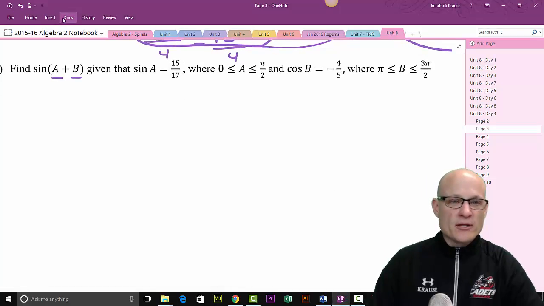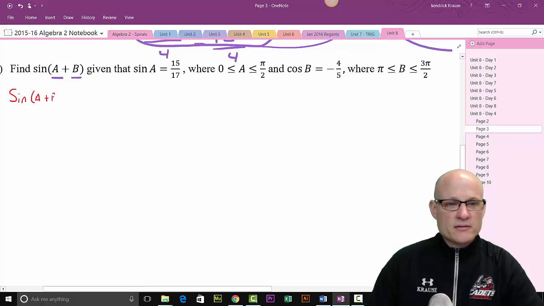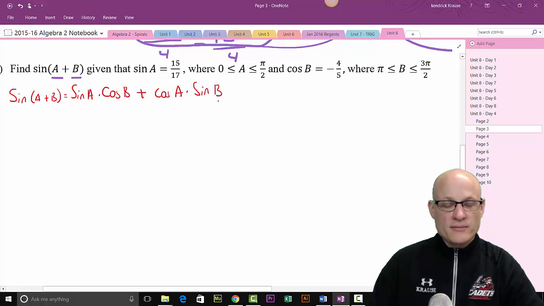We're going to use this formula. The formula is sine of A plus B is equal to the sine of A times the cosine of B plus the cosine of A times the sine of B. Now, what we got to do is figure out if we know any of these.